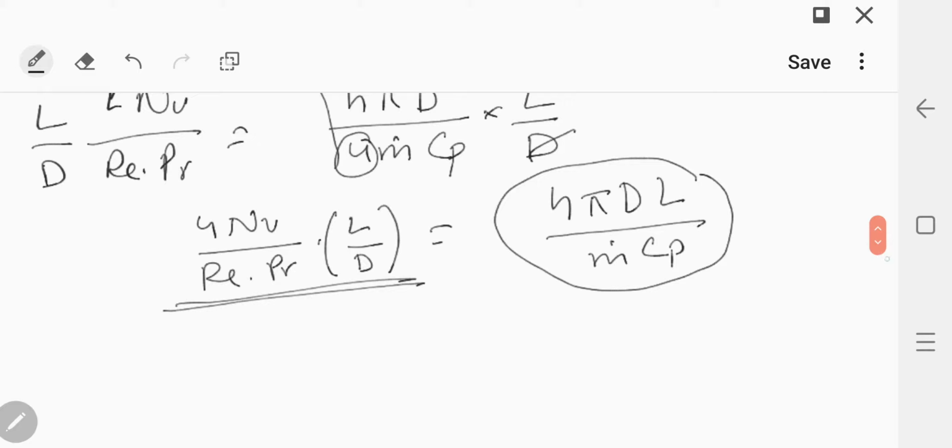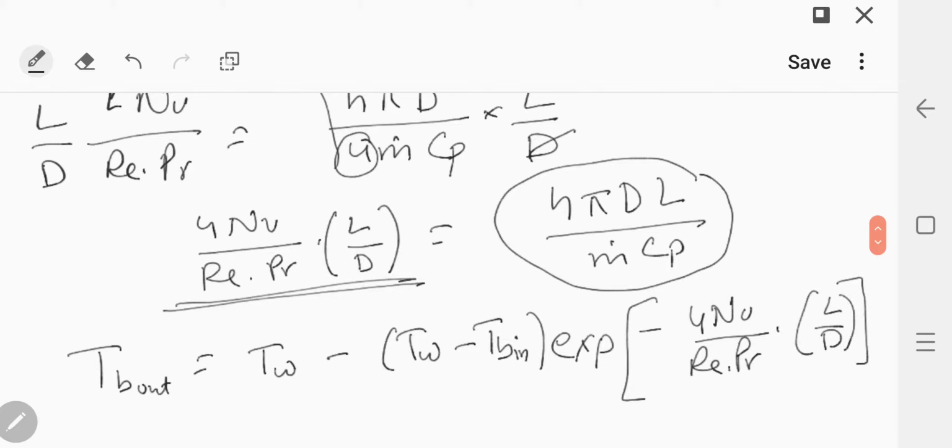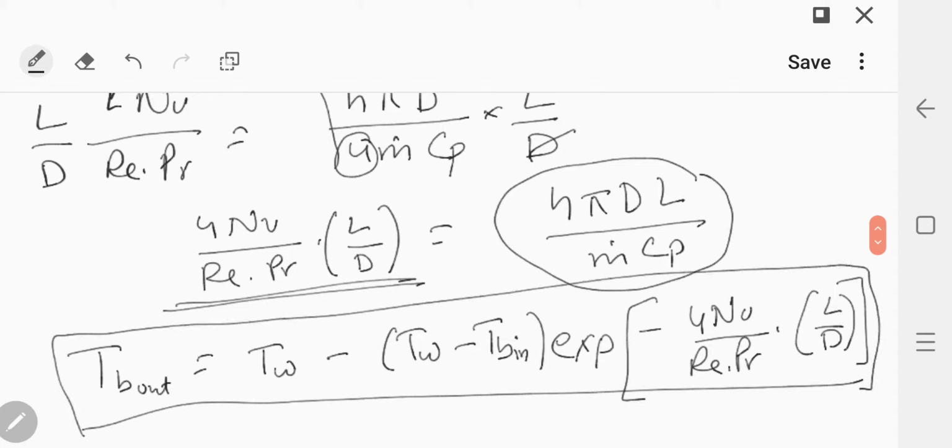So your expression finally comes out to be Tb out as Tw minus Tw minus Tb in, exponential of minus 4 Nusselt number by Reynolds into Prandtl into L by D. So that's another way of representing your temperature distribution in terms of dimensionless numbers.